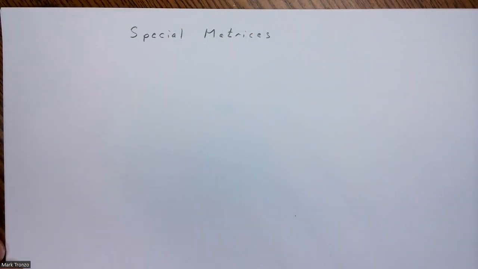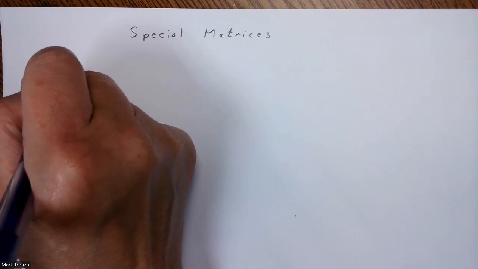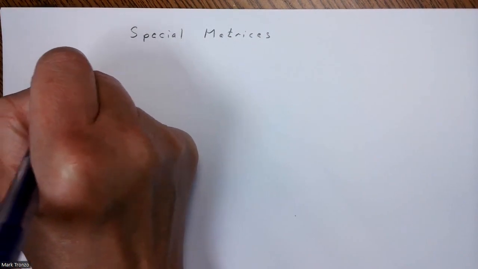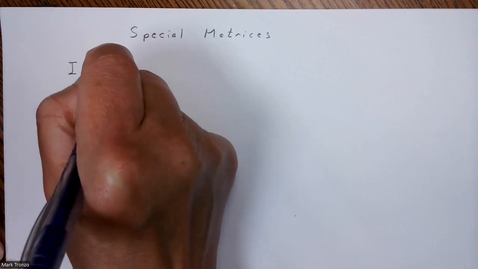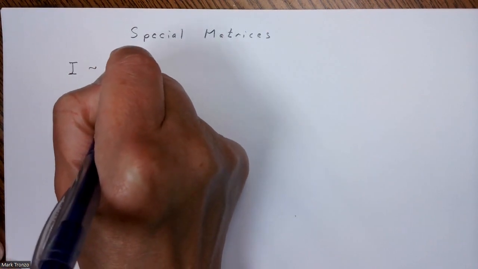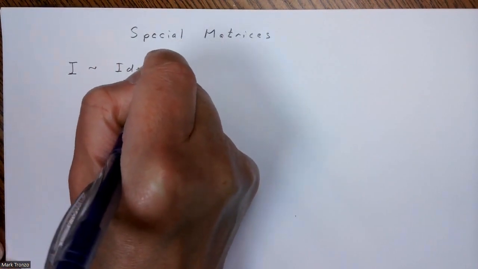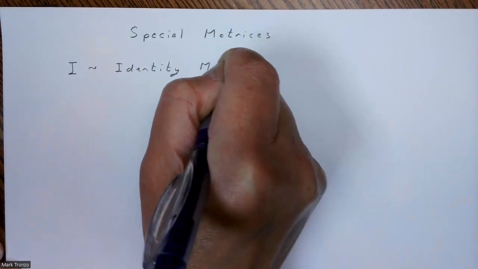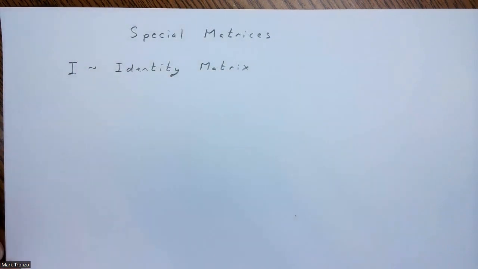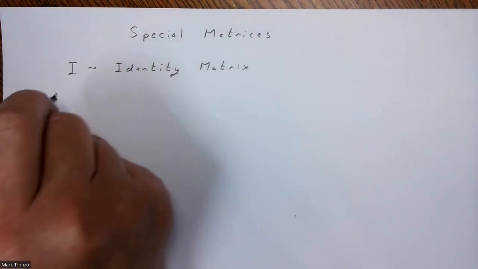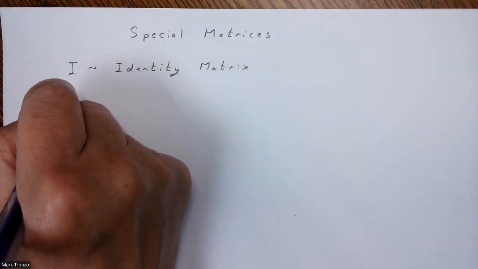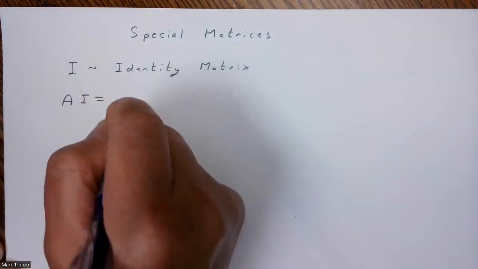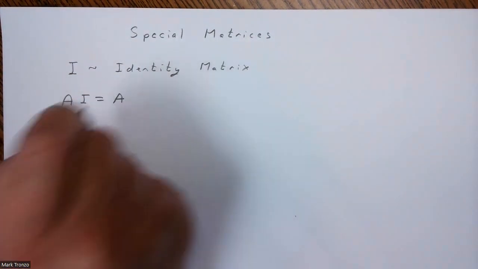So we'll take a look at some special matrices, and let's talk about I, which is the identity matrix. If you multiply, if it's the appropriate size, if you take A times I, you'll always get the matrix A back.